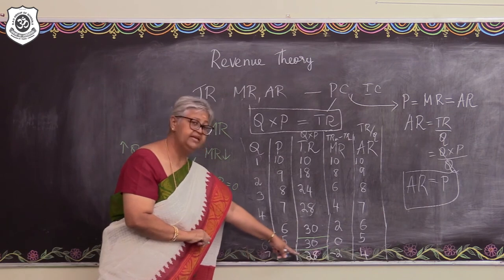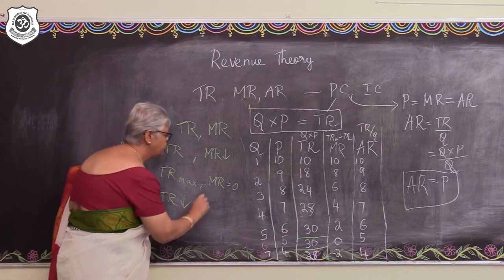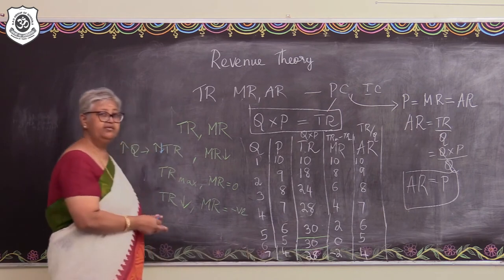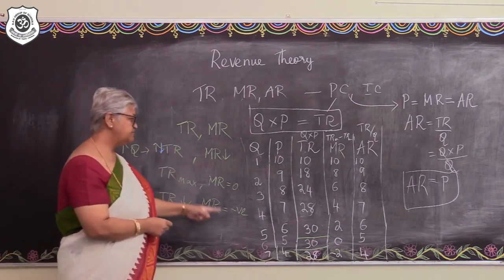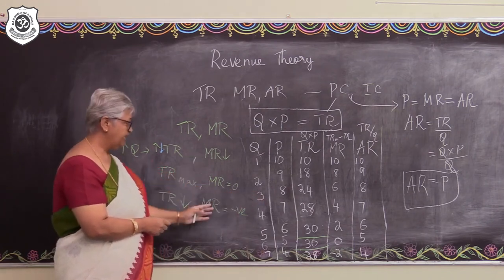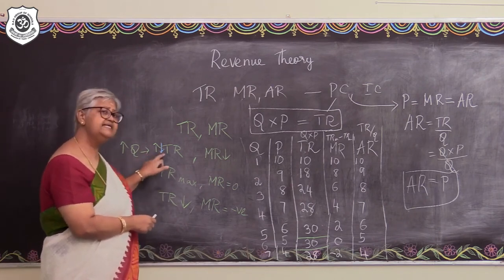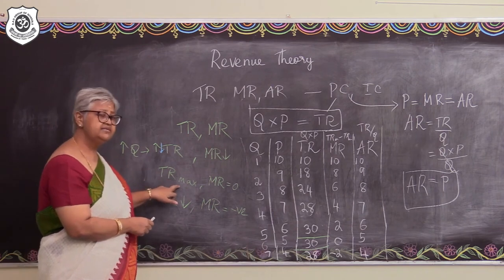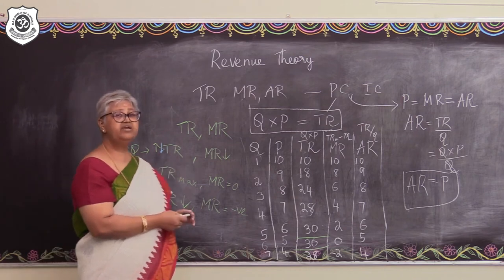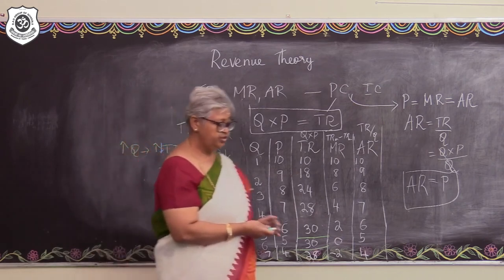The total revenue in this particular table is falling and showing 28 there. What about the marginal revenue? The marginal revenue in such case becomes negative. So MR falls, MR becomes 0 and MR becomes negative. And while MR is showing such a behavior, simultaneously the total revenue seems to be increasing at a decreasing rate and then becomes maximum and then it starts falling. So this is a behavior in an imperfect competition that is displayed between the total revenue and the marginal revenue.